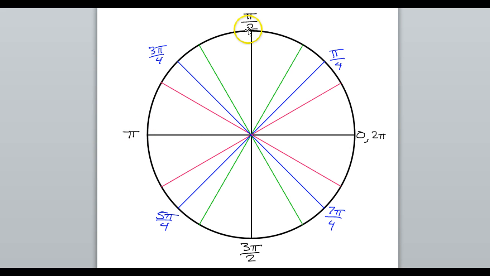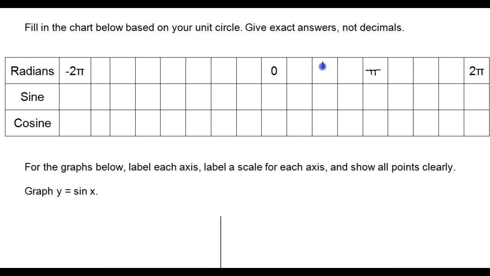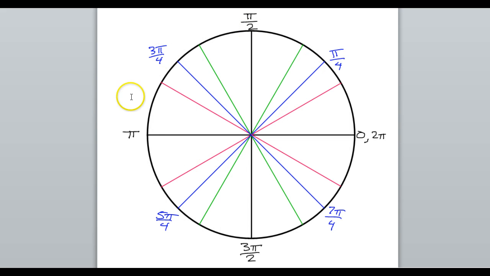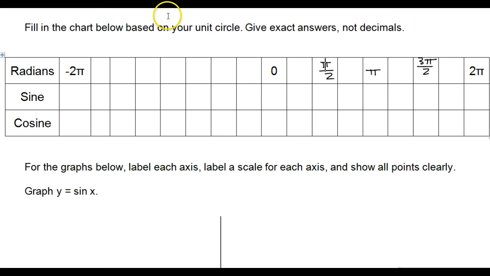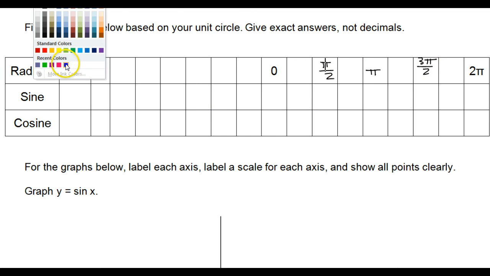Now if I go half of that, that's my pi over 2. So this is like 1 pi over 2, 2 pi over 2, and this would be my 3 pi over 2 right here. I'm doing the same thing that I did on the unit circle, but I'm just stretching it out horizontally so I can make a table of values.